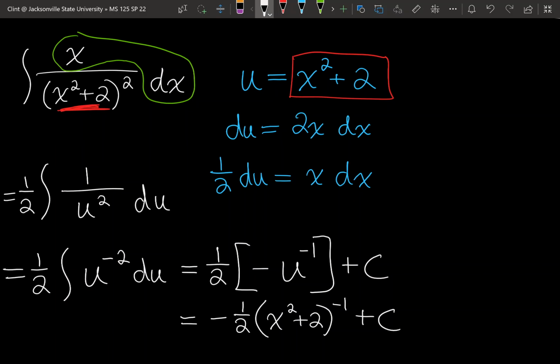Or if you really wanted to, you could write -1 over 2 times x squared plus 2, plus c, if you want to get rid of the negative exponent, but you don't have to. Okay. Questions?